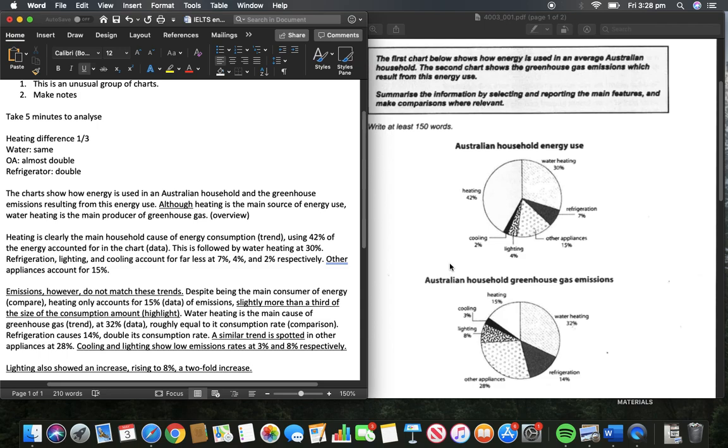So don't just describe it and talk about it mechanically, but really highlight the trends and also train yourself to look at that. 14, 7, right? That's a twofold increase. That's technically a 100% increase in the relative value. Now, I've talked about this a lot. Value, 100% value increase.